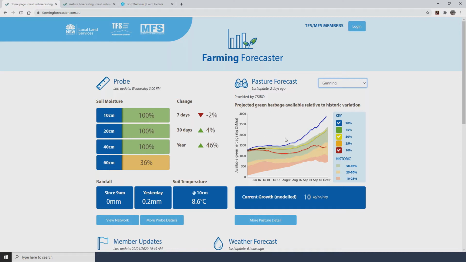Below the pasture forecast, we have a pasture growth rate. This is a model growth rate out of GrassGro, so it's not a field measurement.